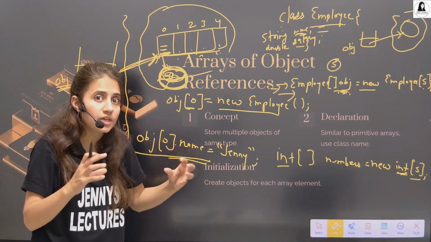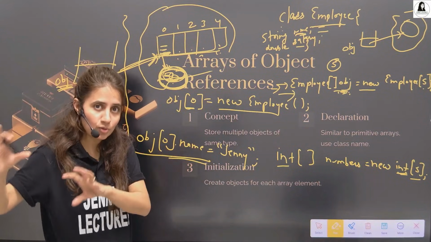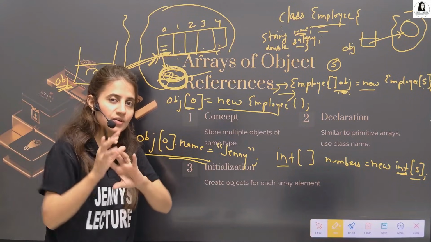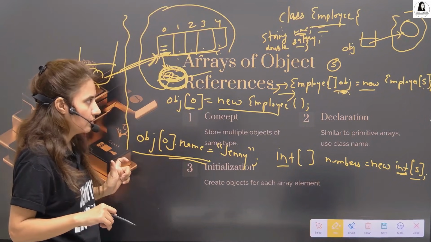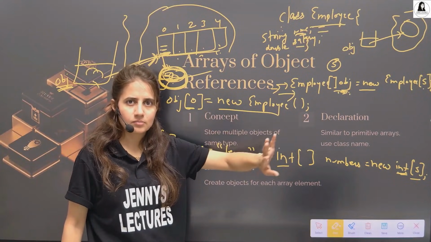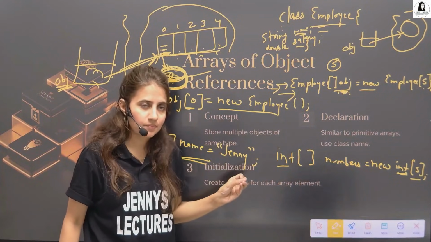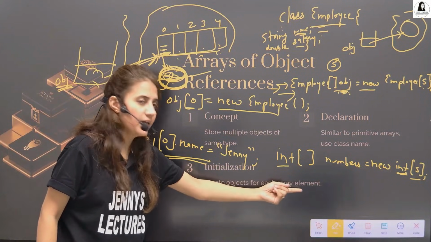So array of objects means it stores multiple objects of the same type. Basically it stores references, not the actual objects. More precisely, it is an array of object references. Declaration is the same as you declare primitive arrays, but here you use the class name. How do you initialize? Create an object for each array element.